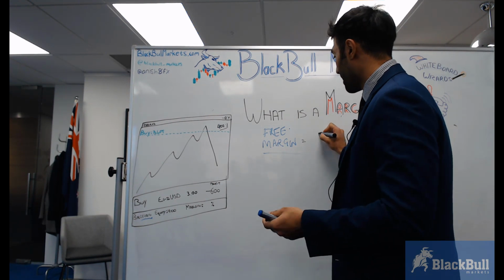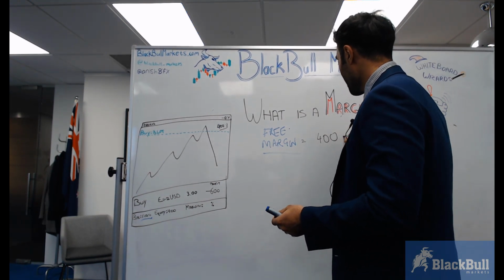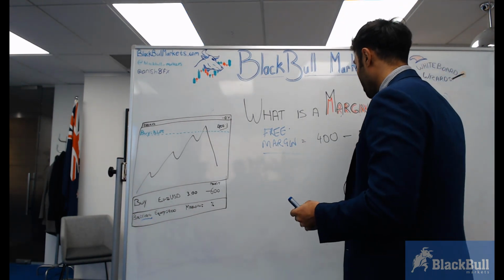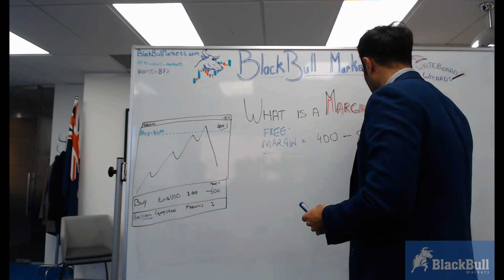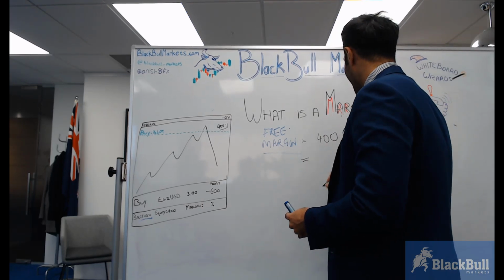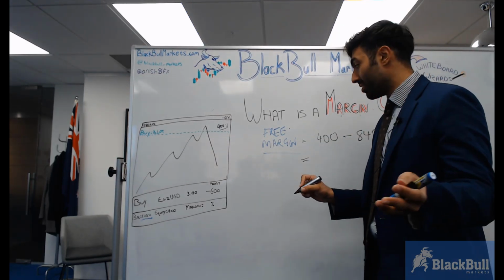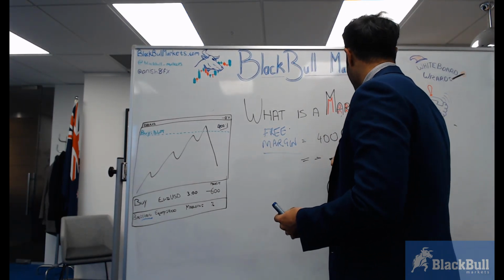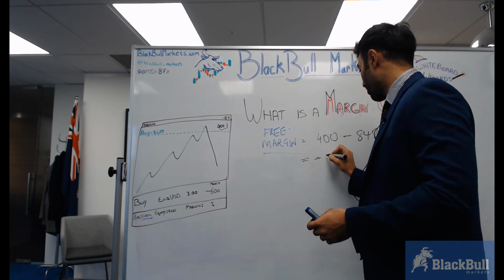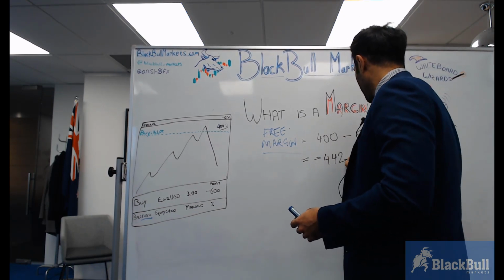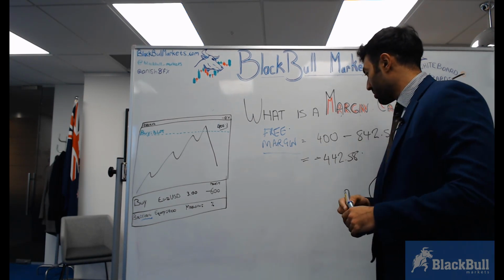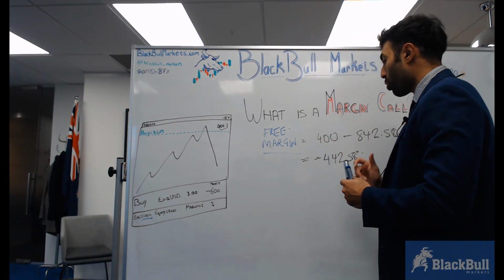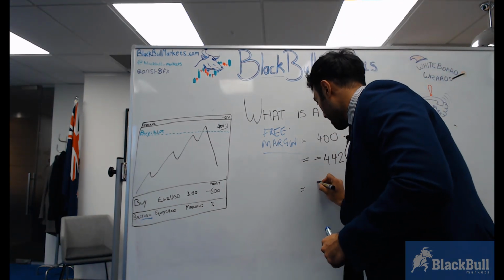So if your equity is 400 and you're minusing that with the margin that you're using on the trade, which is 842, you're currently in a negative margin being used. So your free margin figure will represent a negative figure of minus 442.58. So again, that's your equity minus your margin.